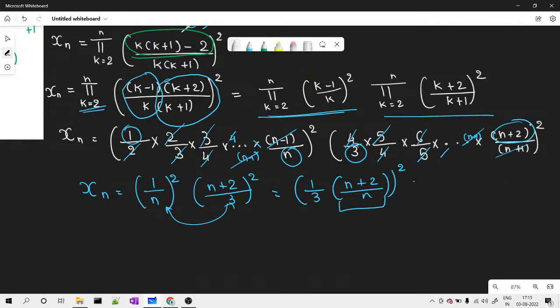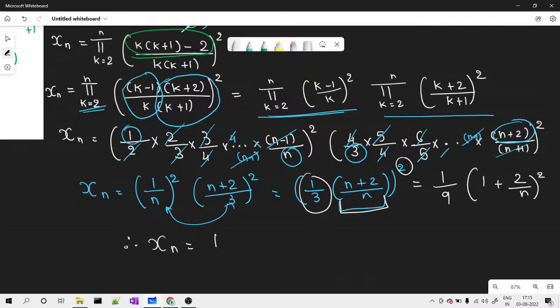So what I'll be getting is this 1 by 3, whose square is nothing but 1 by 9. After splitting the denominator in the other term, I get n by n, that is 1, plus 2 by n, the whole square. So my xn is actually nothing but 1 by 9 times (1 plus 2 by n) the whole square.